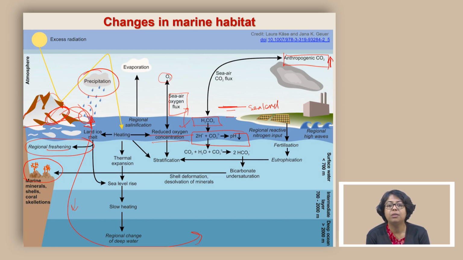If the ocean becomes more acidic, which is generally called ocean acidification, then many of these organisms cannot create proper shells, and you will find shell deformation and dissolution of various calcium carbonate minerals.